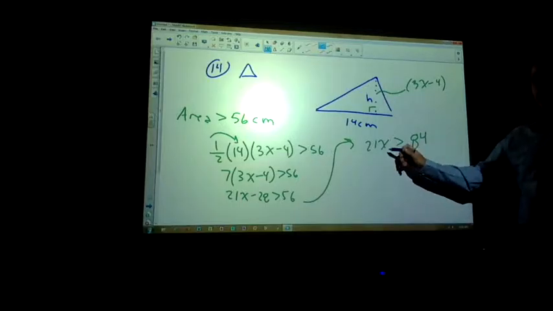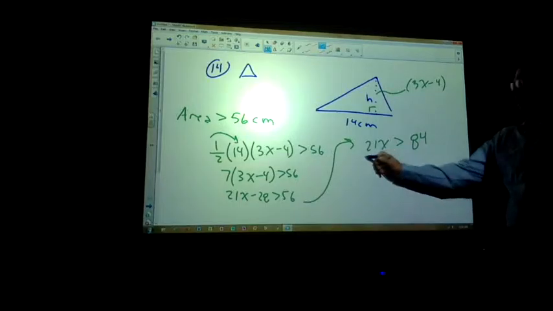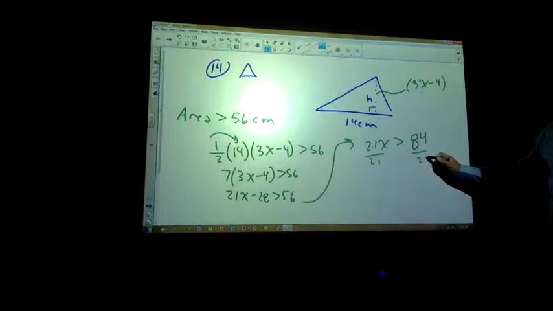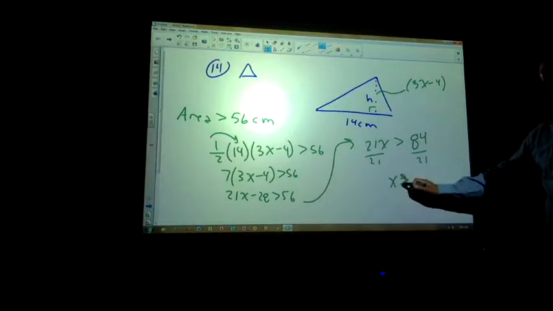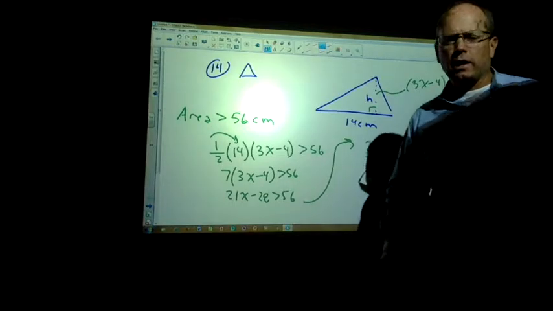All right, and then I'll divide by 21. And what does that come out to? Oh, wait, it's greater than 4. Okay, all right, so hang on.